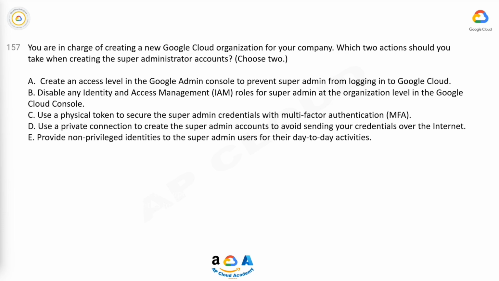B. Disable any Identity and Access Management (IAM) roles for super admin at the organization level in the Google Cloud Console. C. Use a physical token to secure the super admin credentials with multi-factor authentication (MFA). D. Use a private connection to create the super admin accounts to avoid sending your credentials over the internet. E. Provide non-privileged identities to the super admin users for their day-to-day activities.